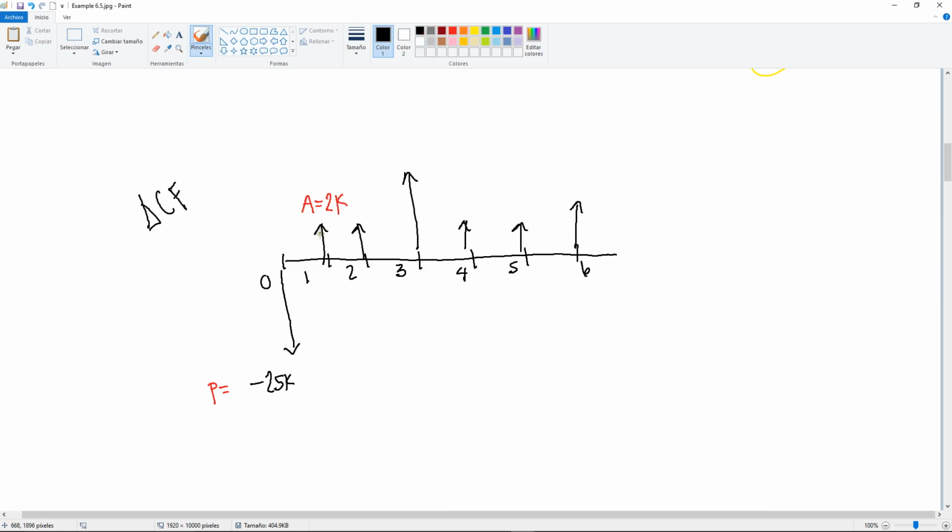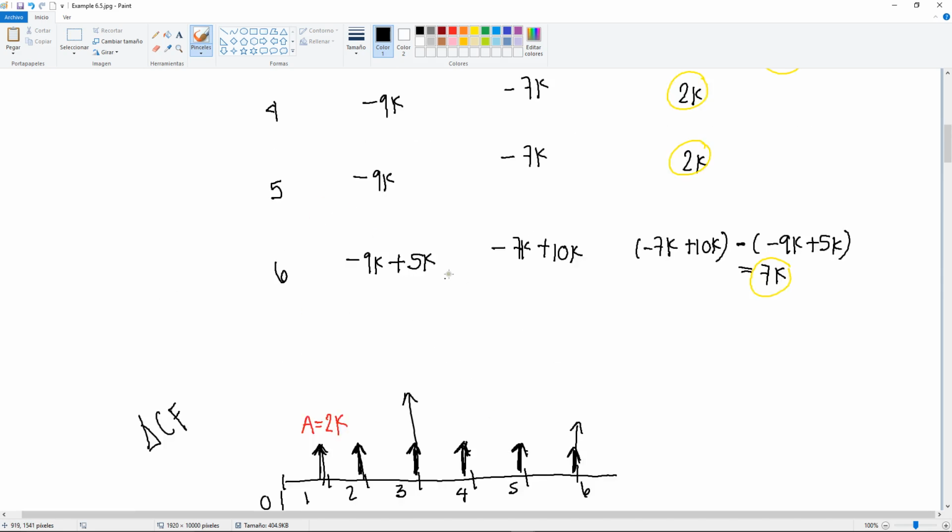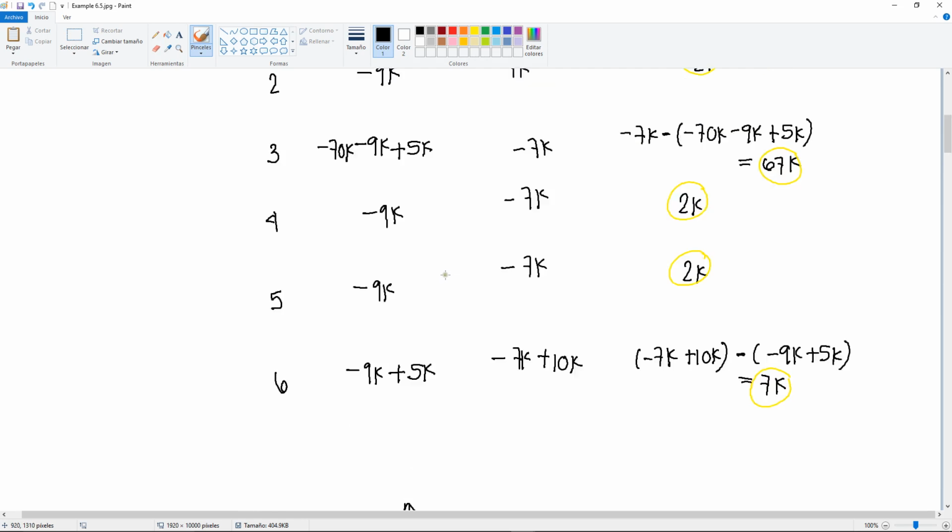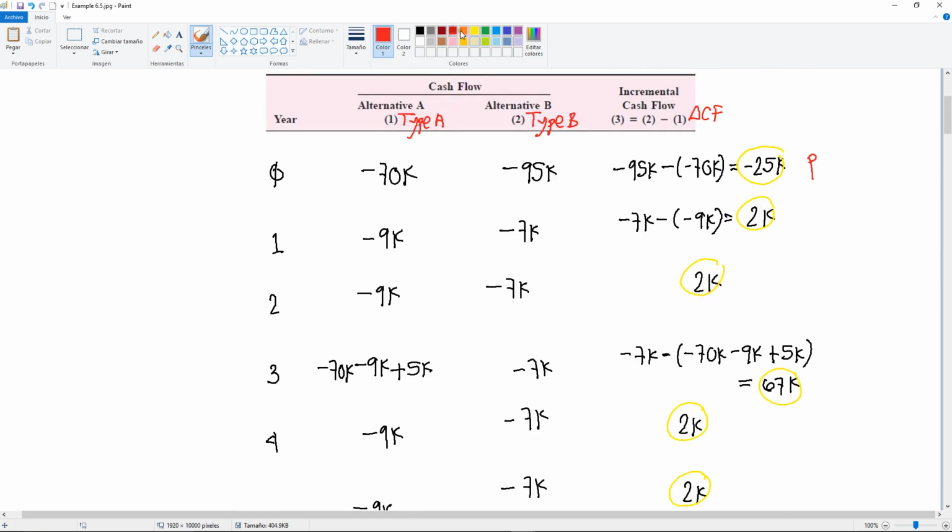Because you have 2000 here, 2000 here, here you can fit the 2000, you have the 2000 here, 2000 here, and in this 7000 you can fit the 2000. So our A will be 2000. What happens with the remaining numbers? So here for A I will put 2000.